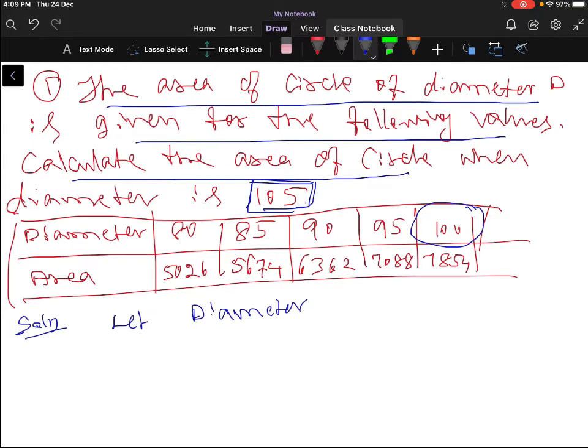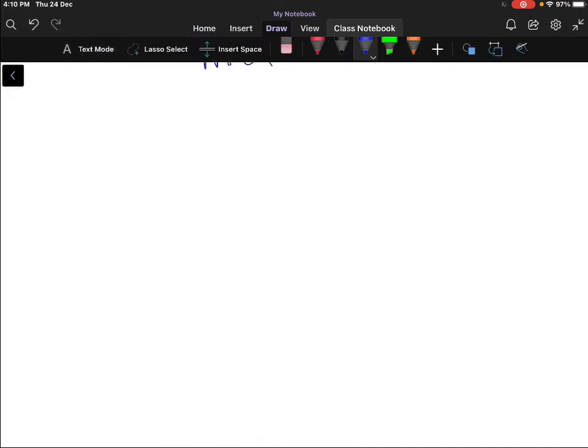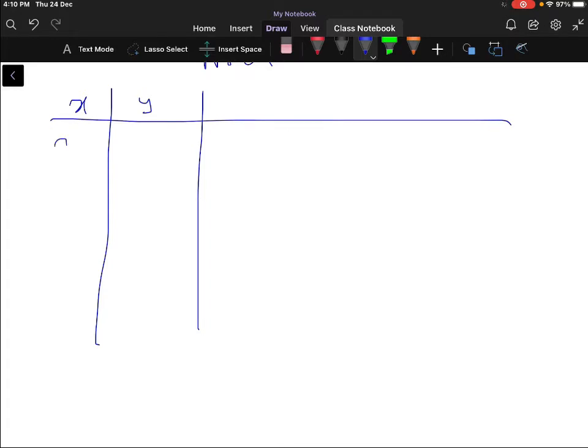We'll move to the solution. Let the diameter be taken as x and the area of the circle be taken as y. So the first row of the table is the x value and the area is y. Now let us construct the difference table. In the first column we have x and in the second column we have y values.